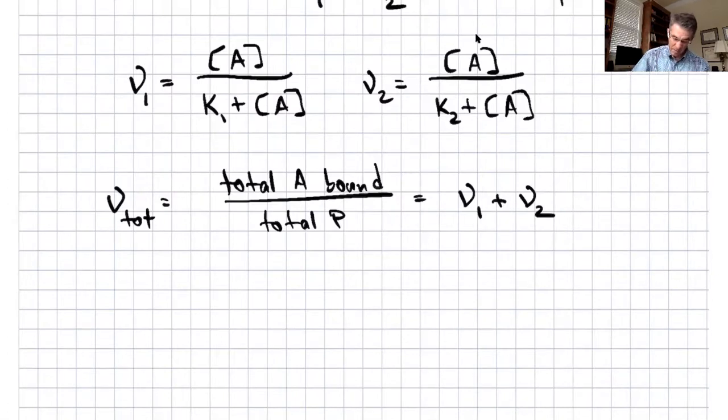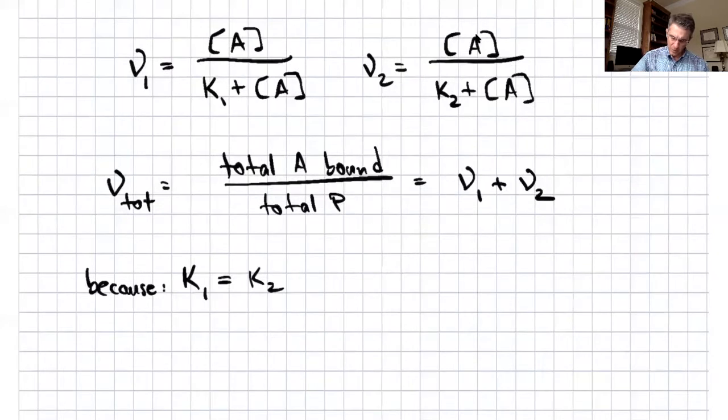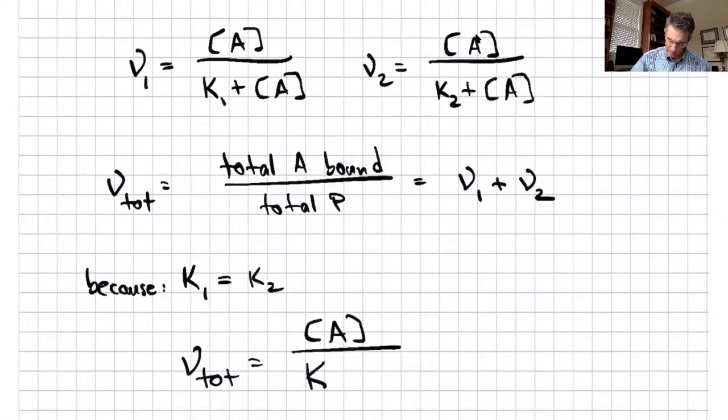And because we're saying K1 equals K2, if we sum those two up, it's just equal to A over, we'll just say K1 equals K2, which is going to equal K. We'll just do the KD now because it's the same value.